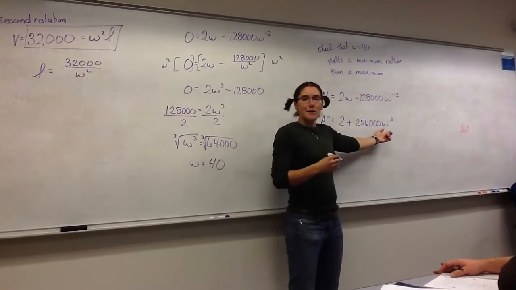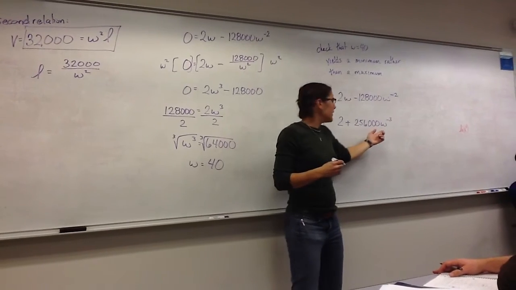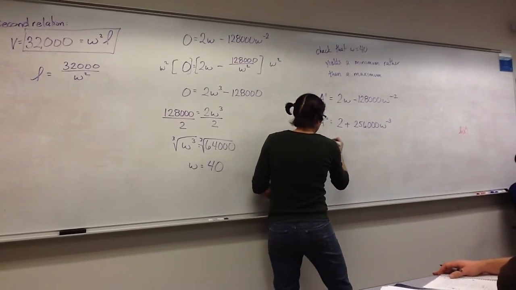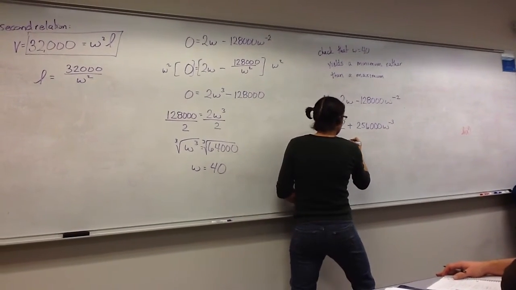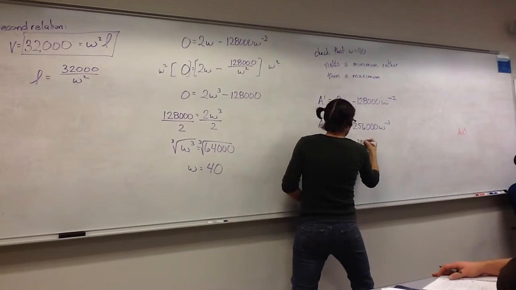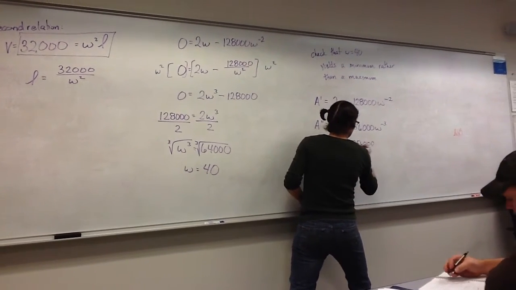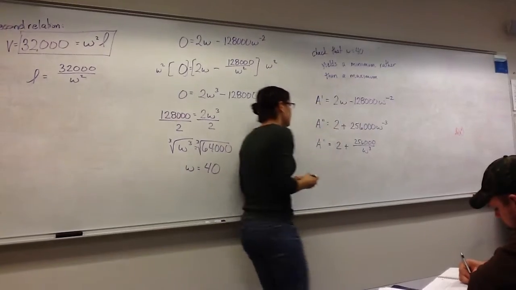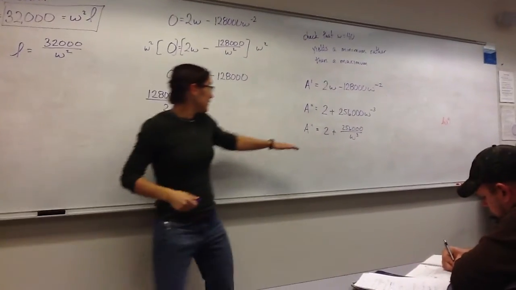And so if I'm looking at this expression here, my A double prime is 2 plus 256,000 over W cubed.